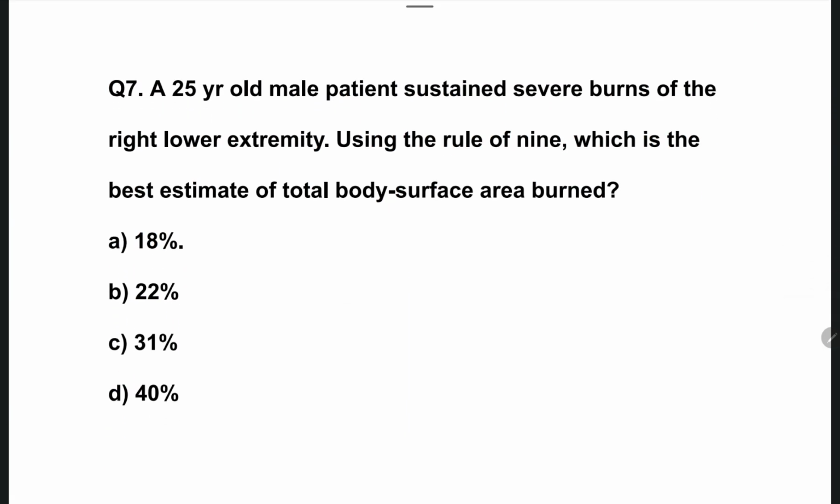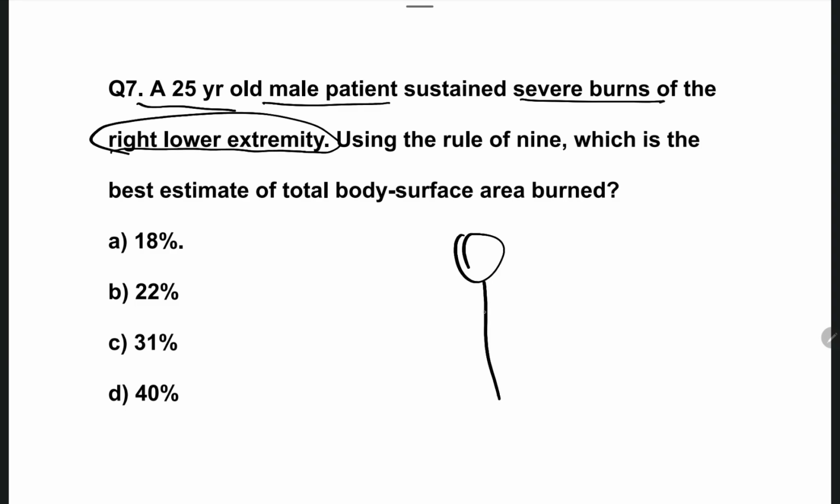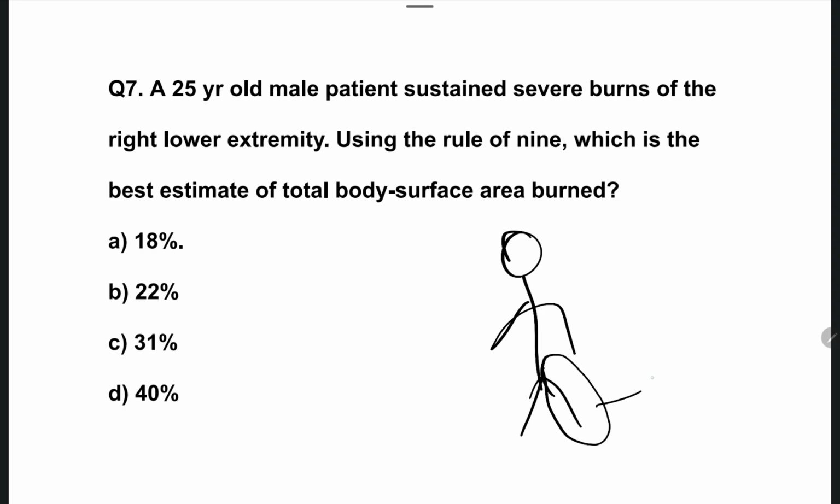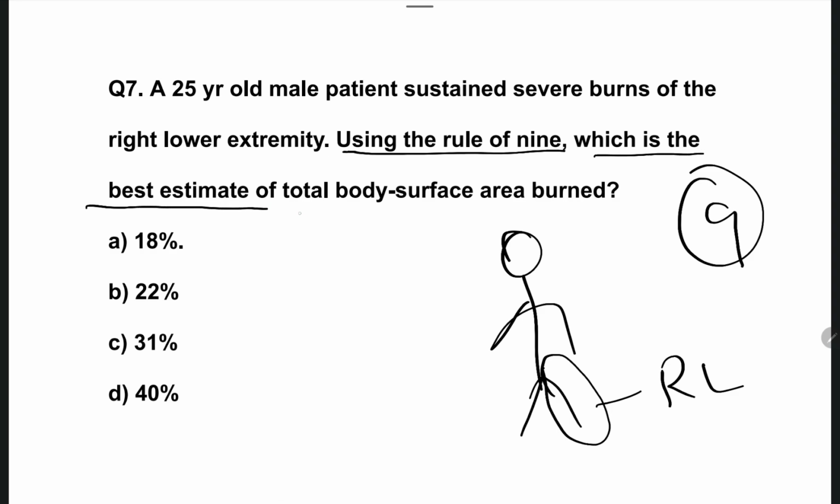The next one is, a 25 year old male patient sustained severe burns of the right lower extremity. Okay, so this is the patient and right lower extremity. Using the rule of nines, which is the best estimate of total body surface area?